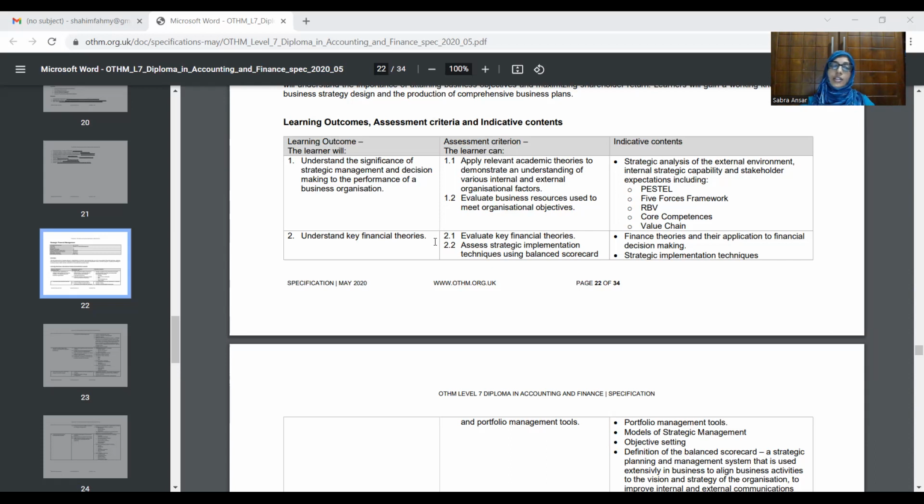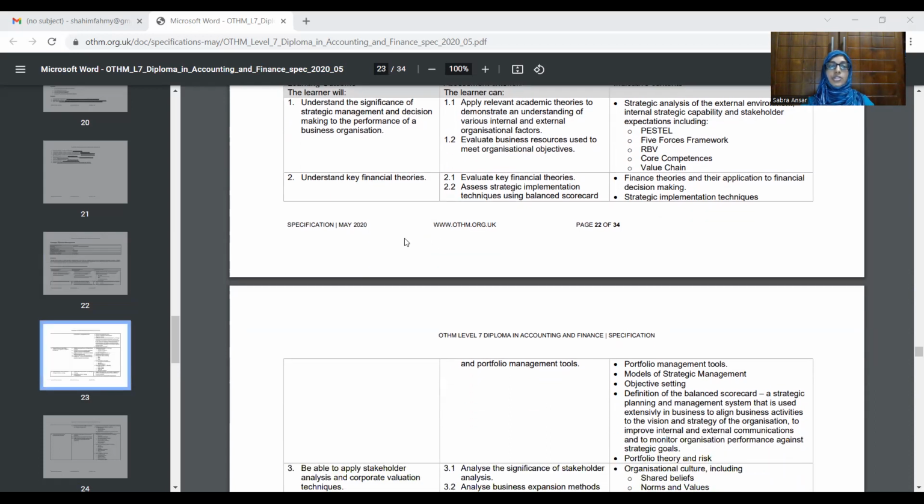The second learning outcome is to understand key financial theories and apply these to decision making, and also assess strategic implementation techniques using the balanced scorecard and portfolio management tools. You should be able to understand certain key theories, which we will probably be doing in the next lesson or the lesson after.